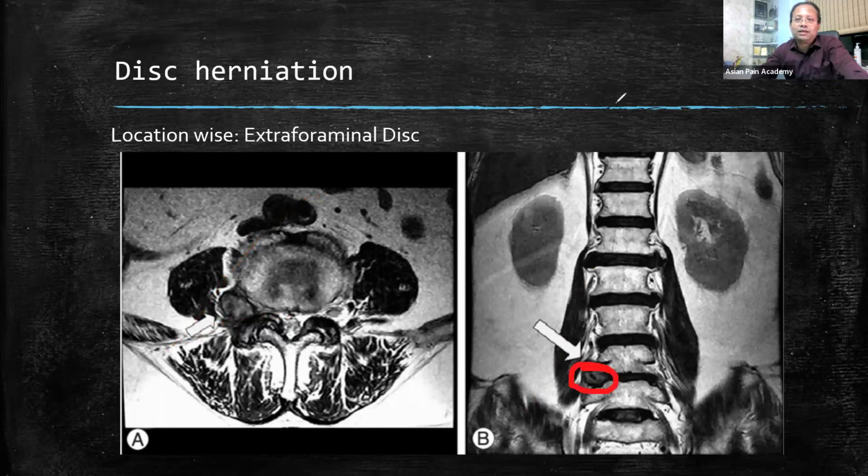What has happened is, if this is the complete margin of the disc, it has not protruded through the posterior margin. It has protruded through the lateral side, and it is so much lateral that it has gone outside the foramen. Okay, so this type of disc protrusion can be there, and you can see it just by seeing the MRI.